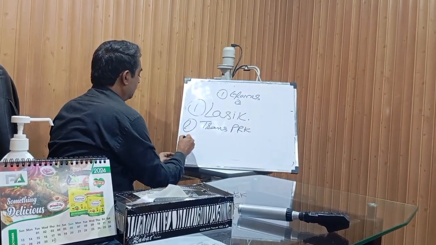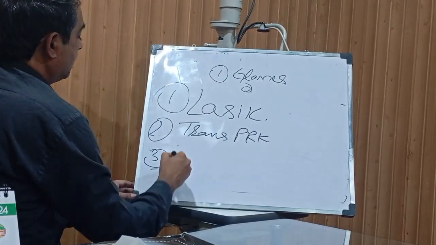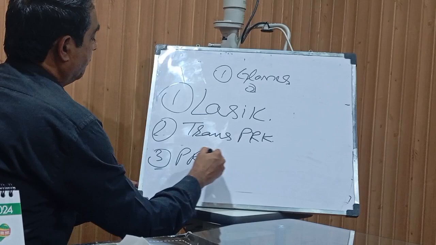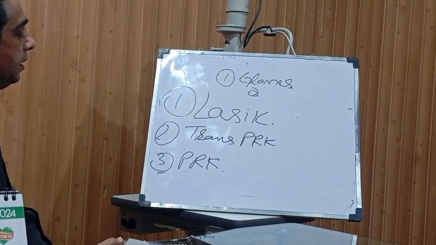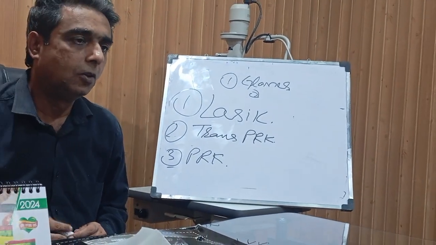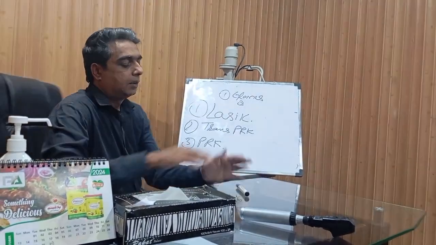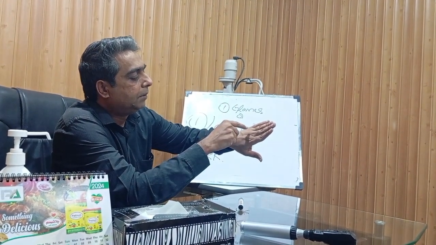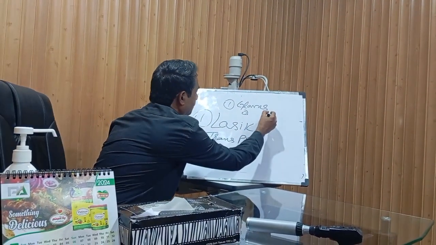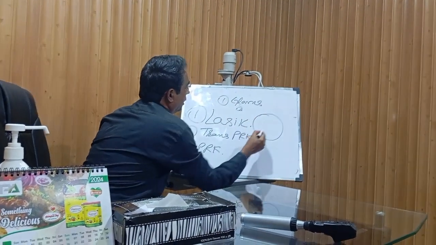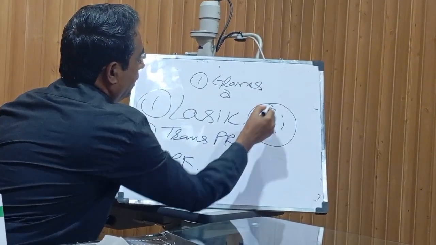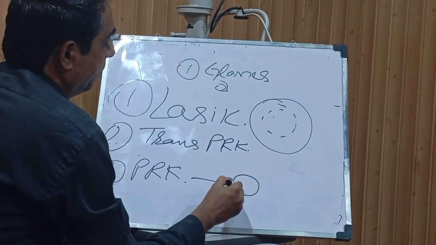And the third one in refractive surgery is PRK. PRK is the earliest of these latest procedures. There are some others which have now gone obsolete. In PRK, this is the cornea, this is the pupil, and this is a special instrument.